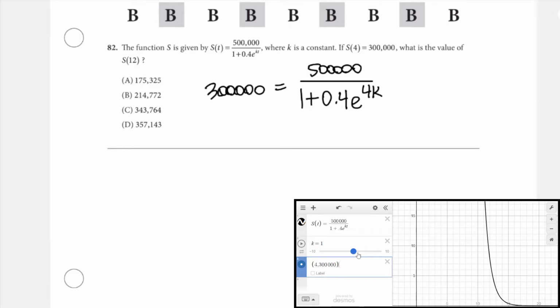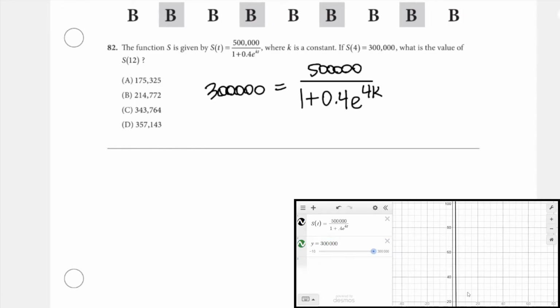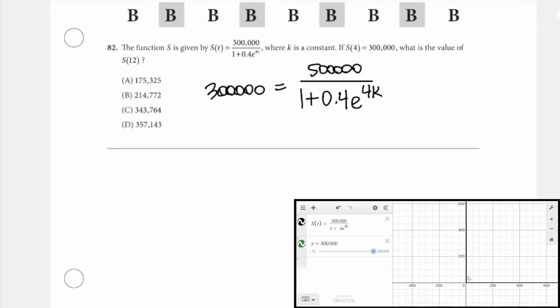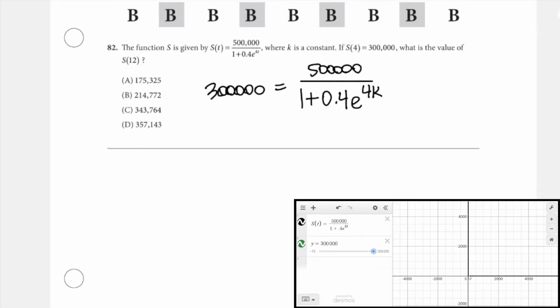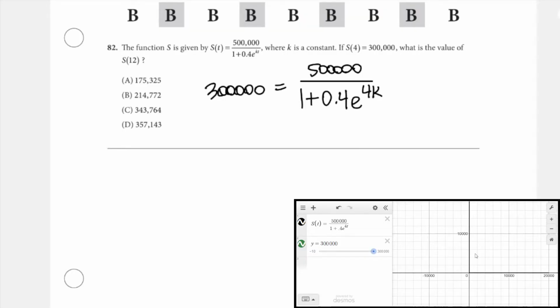Okay, and so in order to actually solve that, I might just go over here and say 4t, graph y equals 300,000, and see where they intersect. We're going to really need to be zooming out. Yeah, there we go. It needs to be logarithmically scaled.